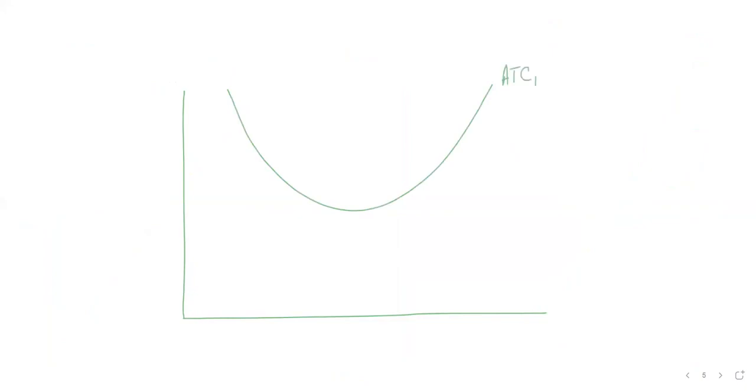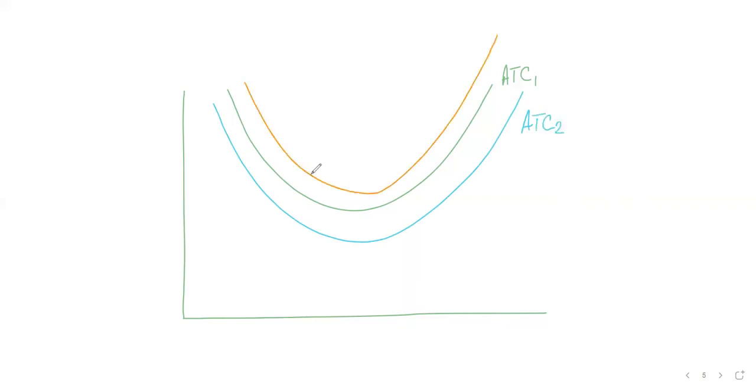Then there is another ATC curve beneath this, ATC 2, and then you have ATC 3. Now, ATC 2, the lowest ATC, is your productively efficient ATC, because it is the lowest ATC compared to the other possible options. Is this making sense? Preet, is it making sense? Okay, very good, excellent.